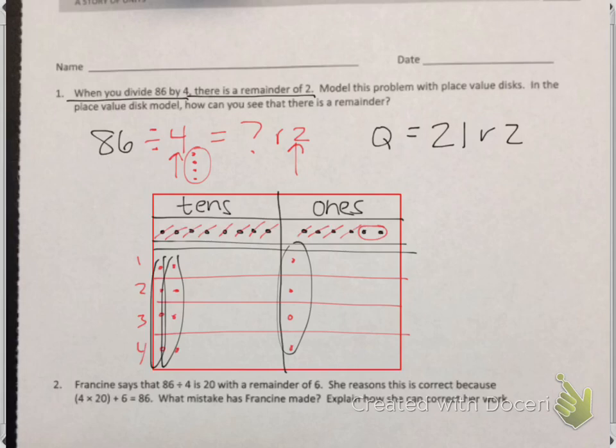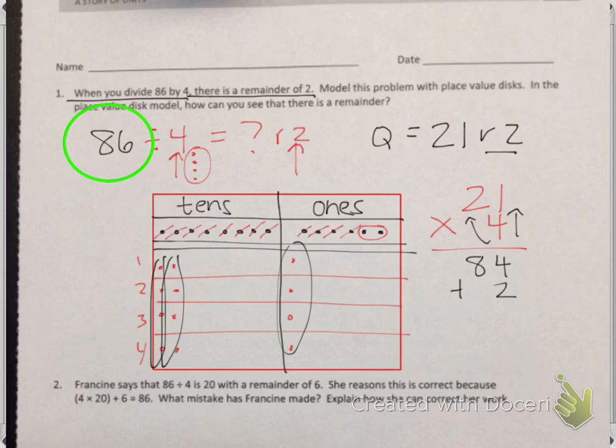We can check our work by multiplying our quotient times the divisor, which is 4. And if we get 86, we are correct. So let's do that. So 4 times 1 is 4, and then 4 times 2 is 8. 84. Oh yeah, we have to add the remainder. So let's add that remainder, and we'll get 86.